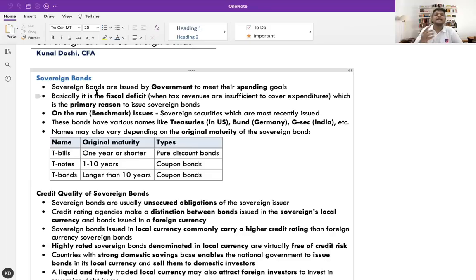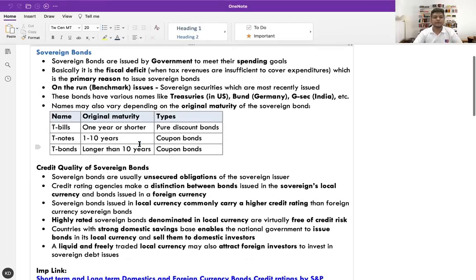And then in India, we call it GSEC, government security in short form, right? So there are various terms used in various countries, but most of them mean the same thing. That's they are the bonds issued by the government, correct? By the sovereign authority. Names may also vary depending on the original maturity of the sovereign bond. So it depends on where it is issued and all, right?